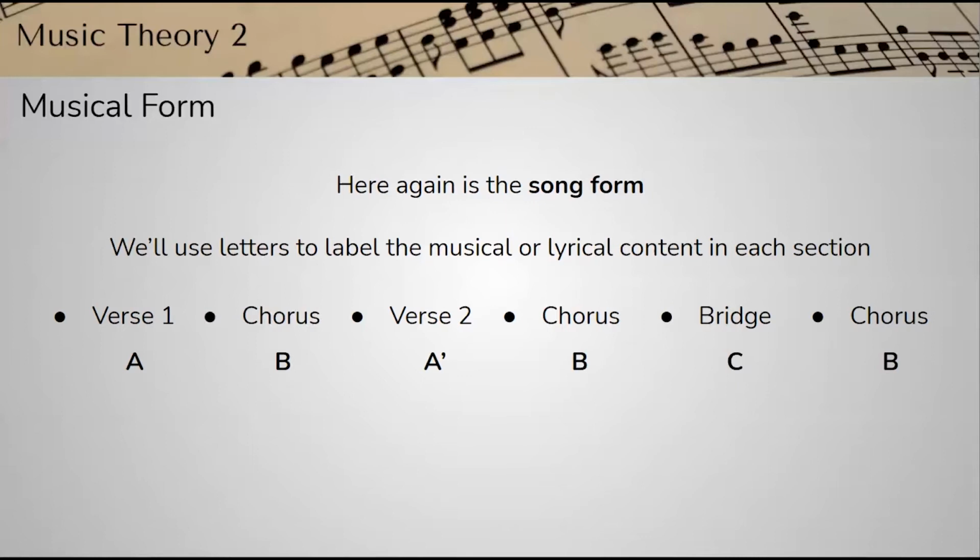So you can see how these letters are used to either say that we have repetition of something, right, by repeating the letter. We have something different by giving it a new letter, or we have something that is related to what came before, but slightly different, right, which would be the A prime in this example. Okay, so that's the basics of using the letters.